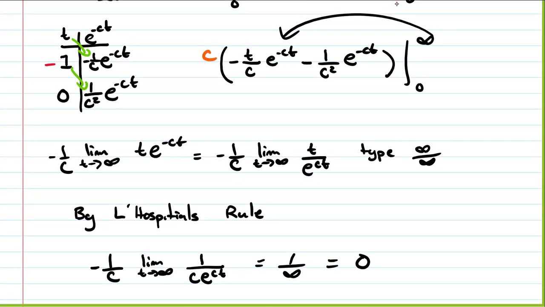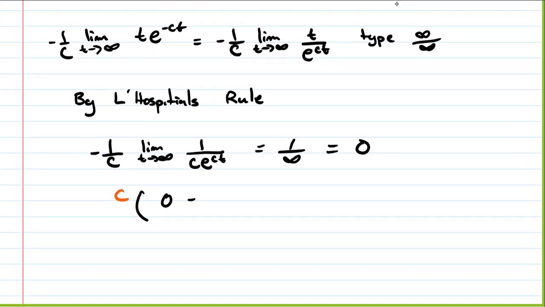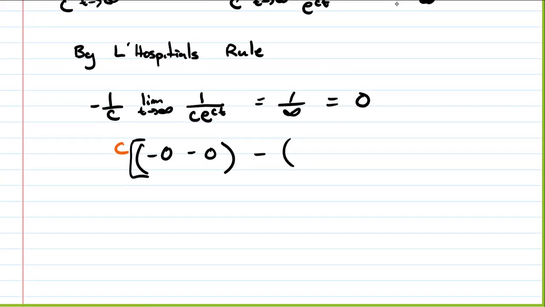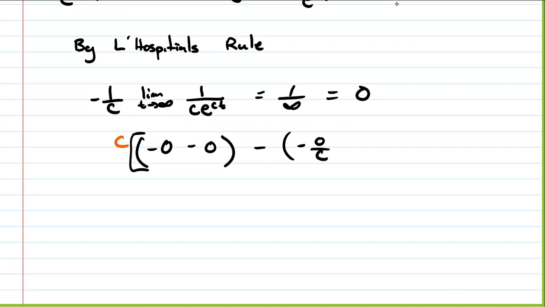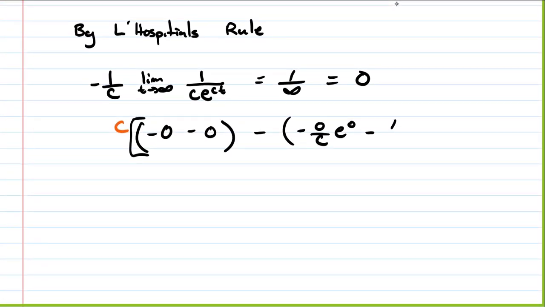So for both of these, on our first part, don't forget our c. So at infinity, we have 0, or negative 0 minus 0, and then minus our lower limits of integration. When I put 0 in for t, I get negative 0 over c e to the 0 minus 1 over c squared e to the 0.